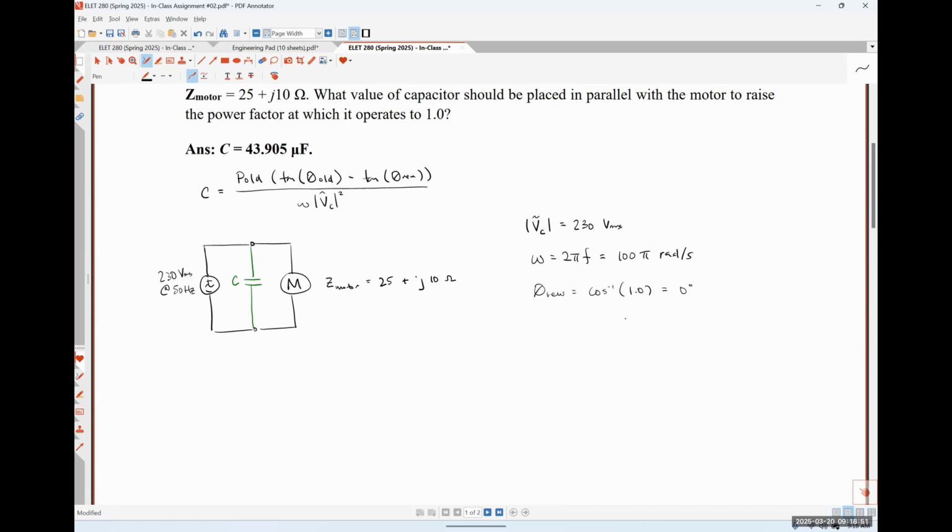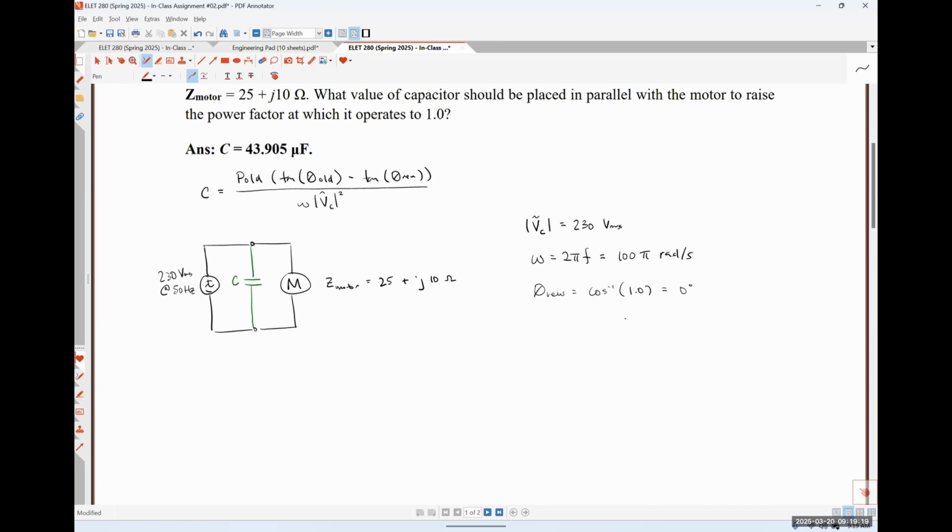Absolutely right. The only two things left for us to figure out are the average power being absorbed by our motor, which is P old, and the power factor angle that our motor is operating at before we apply power factor correction.